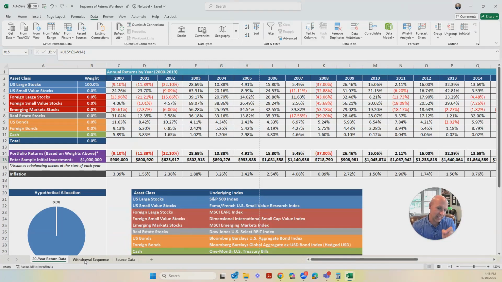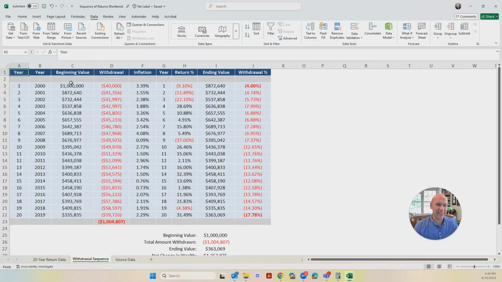So let's go to this tab down here. This table borrows from the popular 4% rule of retirement withdrawals. So here's how it works. This is the year 2000 all the way to 20 years later, 2019, $1 million invested.